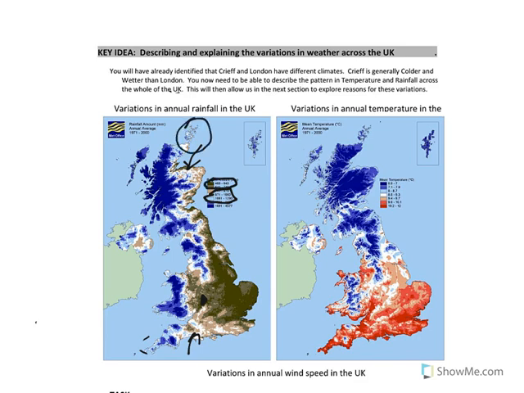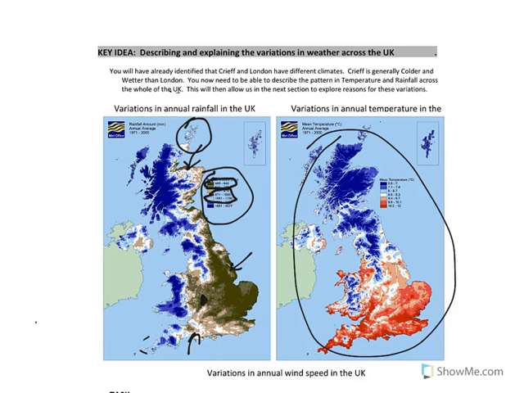You could pick out Orkney there with 871 millimetres, just picking the values from the key and matching them with areas that you know about in the United Kingdom. You're looking for 4 or 5 statements to give a good descriptive answer, and you can do the same for this map. Obviously we've got a slightly different pattern for temperature than we do with rainfall.